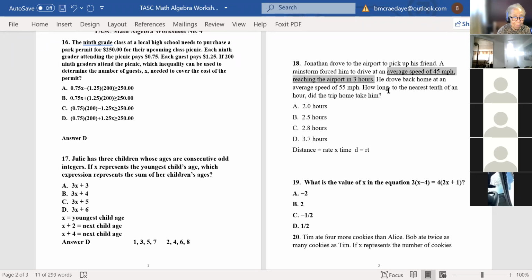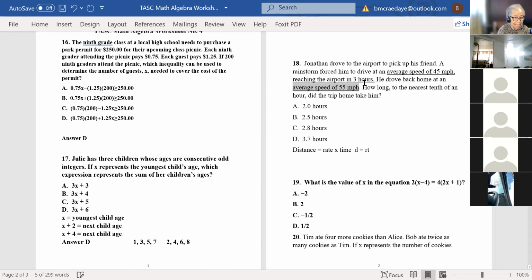It takes 3 hours at 45 miles per hour. So you can use that to find the distance from the home to the airport. And once you find that distance, then you can use this speed and that distance to find the time.